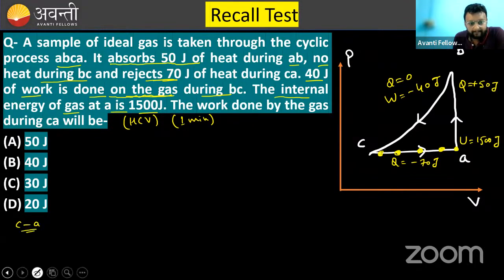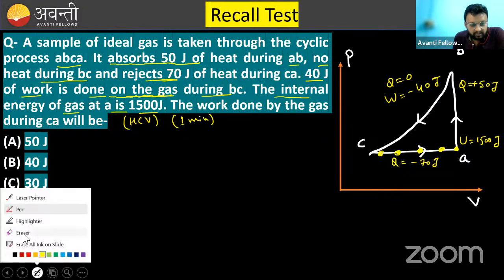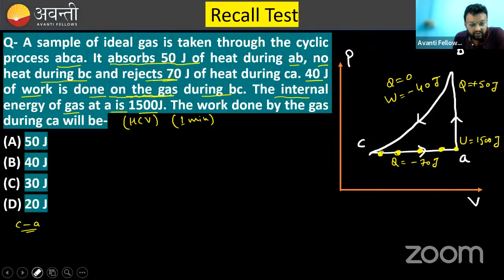So what we will do, for the C to A process, work done, you can apply the first law of thermodynamics. And what is this? Q is equal to delta U plus W. Is it clear?